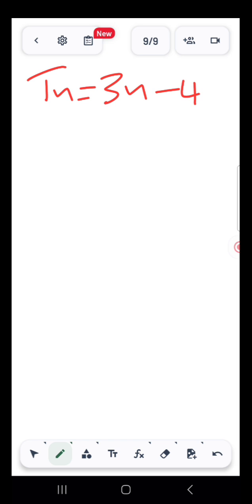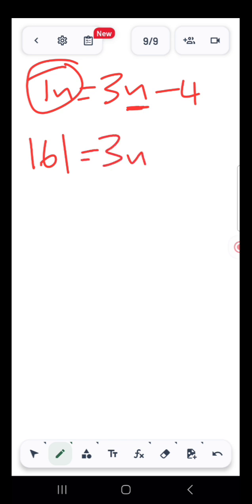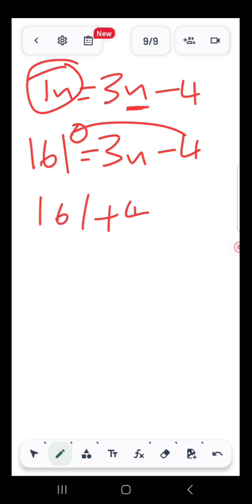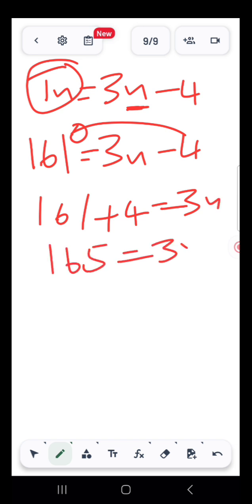So still on target, right? The question started with which, meaning we'll be substituting here and looking for n. So 161 will substitute Tn, which equals 3n minus 4. So solve for n by transposing: 161 plus 4 equals 3n. 161 plus 4 gives us 165, which equals 3n.